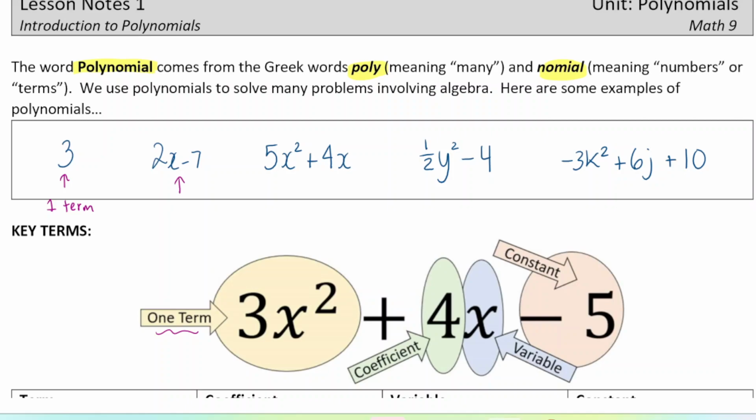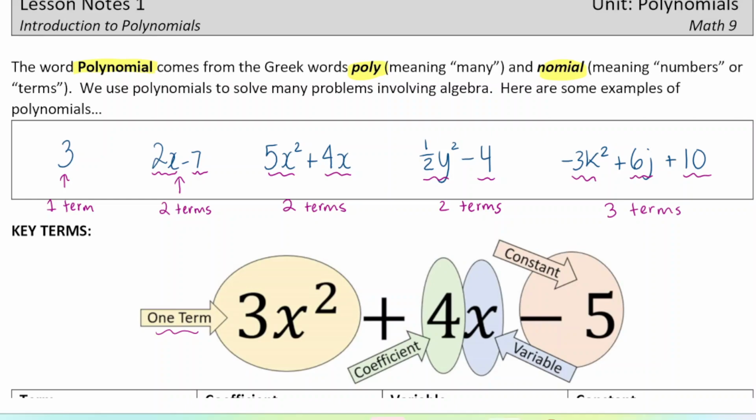This polynomial has 2 terms: 2x is 1 term, and then negative 7. This one has 2 terms. This one has 2 terms. And this one has 3 terms. You could have as many terms as you like. You could even have 100 terms, although that would not be very common. Most commonly in this unit, you're going to see polynomials up to maybe 3 or 4 terms.